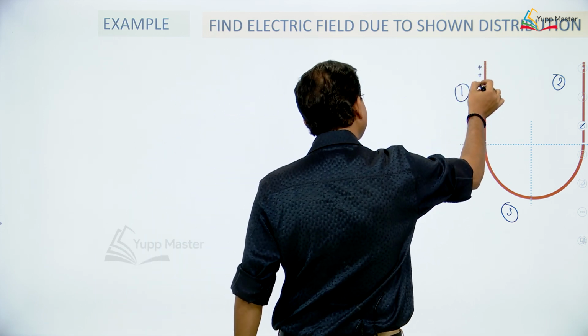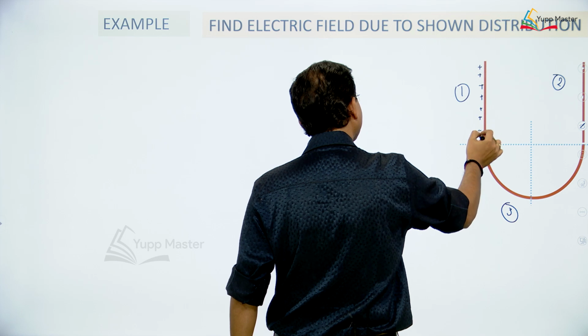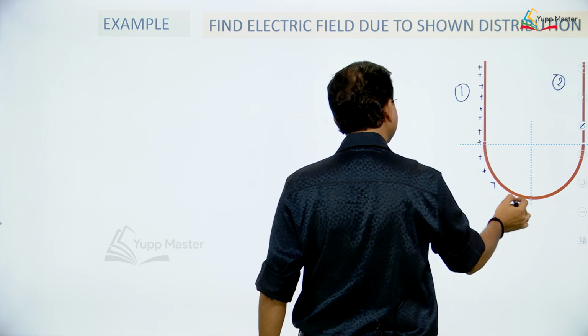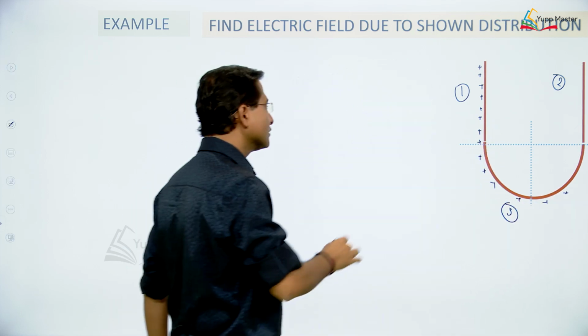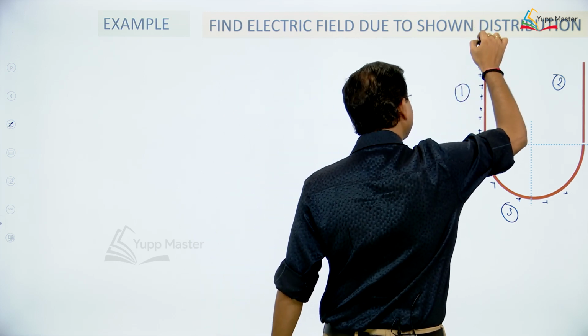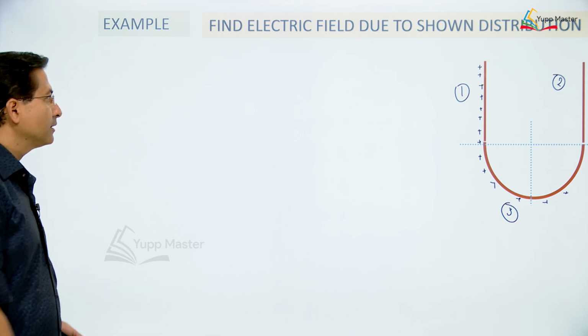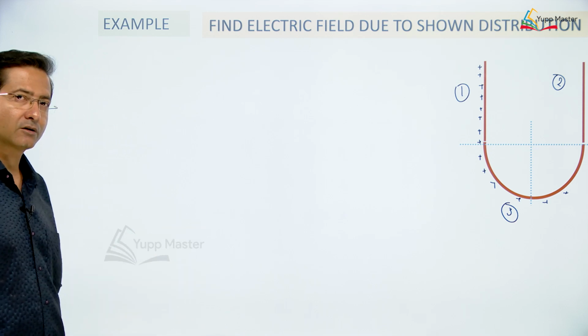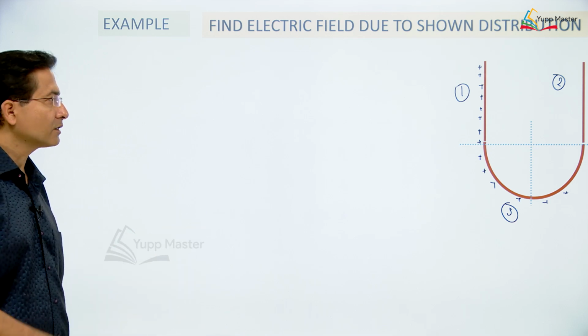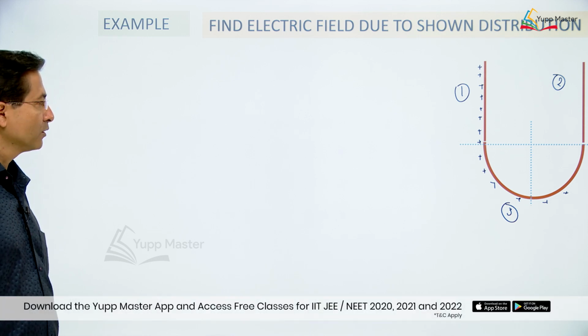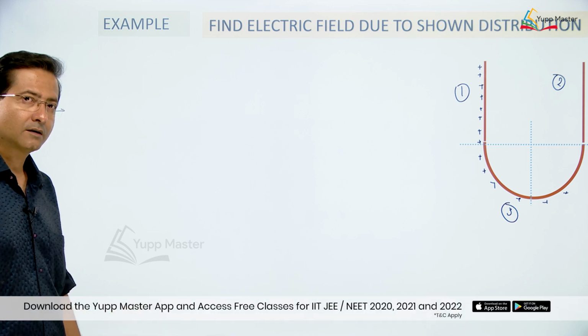So, charge is uniformly distributed, this is coming from infinity and this is going till infinity, right. So, these 3 segments will produce field at that particular point, right. I want to find out the resultant field at that particular point. So, we can proceed in the same way.